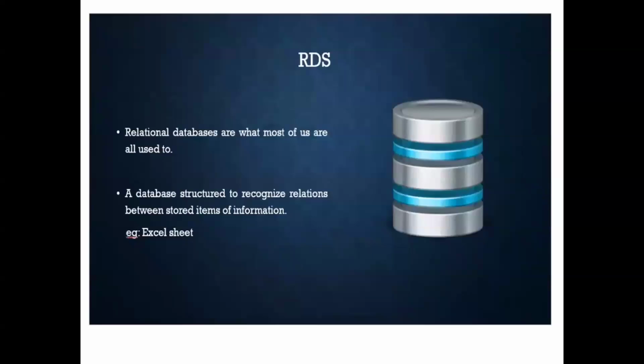We have given some examples. The structure of the database will be in the form of rows and columns. An Excel sheet is an example to understand it. We can consider an Excel sheet and easily understand how the data will be stored. This is how the database structure will be.